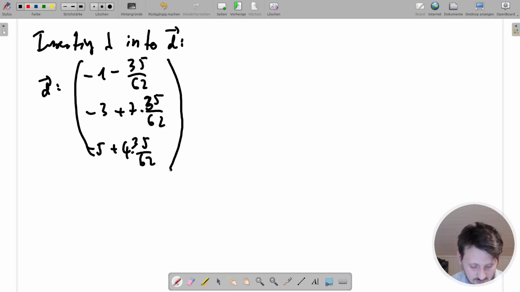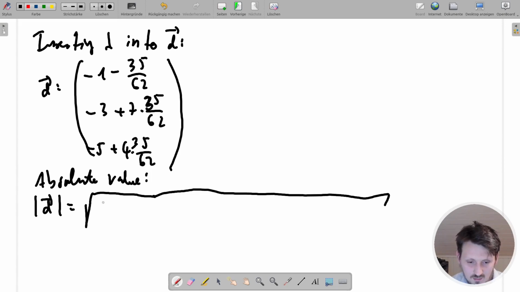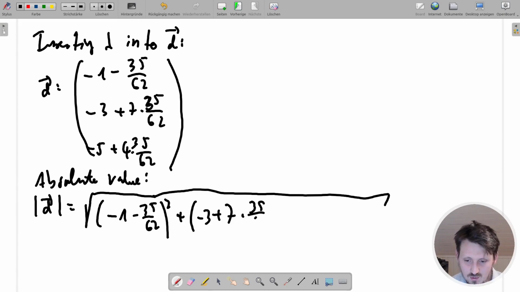This is of course a vector, and the last step, as I said, is to calculate the absolute value of D. So we have to draw a very long square root: the square root of (-1 minus 35 over 62) squared, the first component, plus (-3 plus 7 times 35 over 62) squared, plus (-5 plus 4 times 35 over 62) squared.